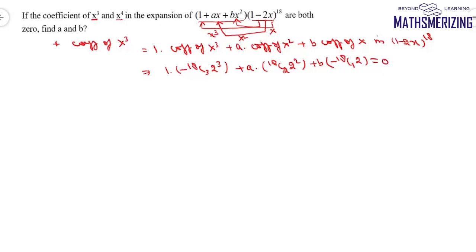So this result will be 0. If I simplify this equation, I'll get a linear equation, and there will be 17a minus b equal to 34 into 16 divided by 3.